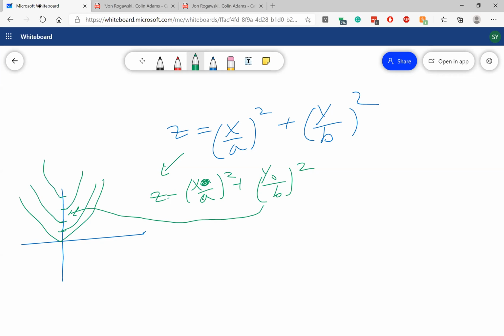Okay, same exact thing happens if I set my x to different constants. So that would be z is equal to y squared over b plus x0 over a squared. So now we are in the zy direction.